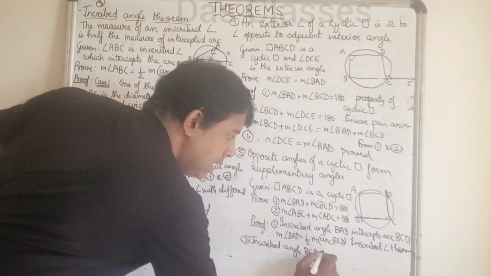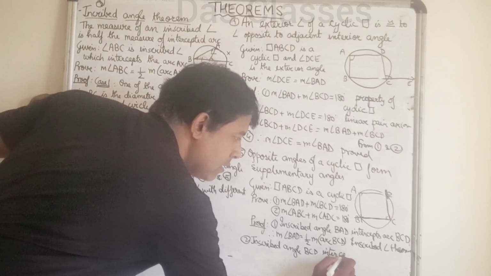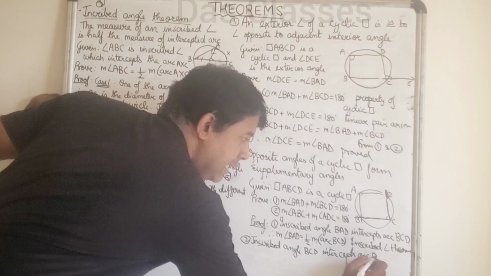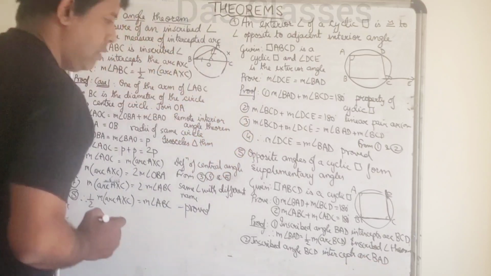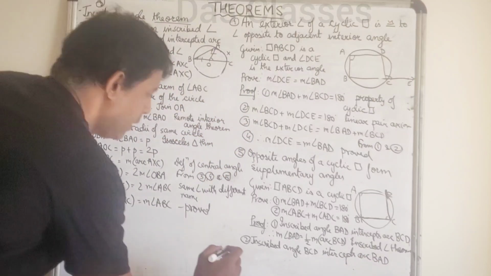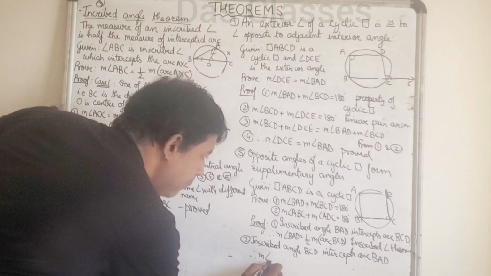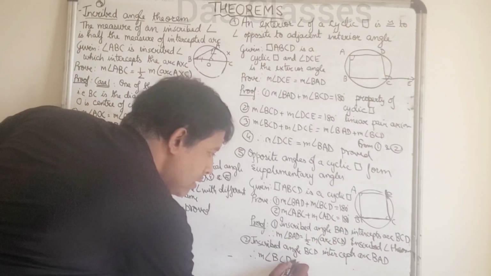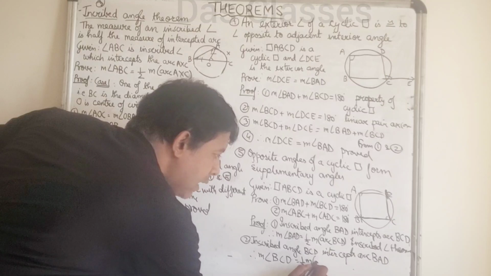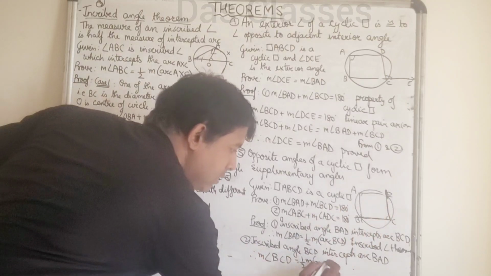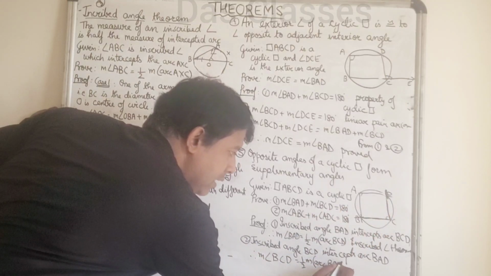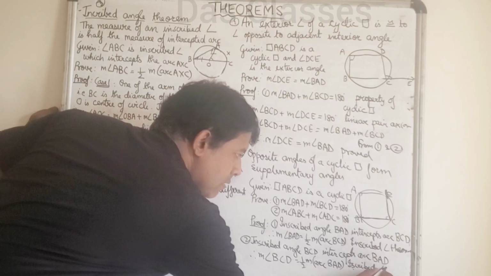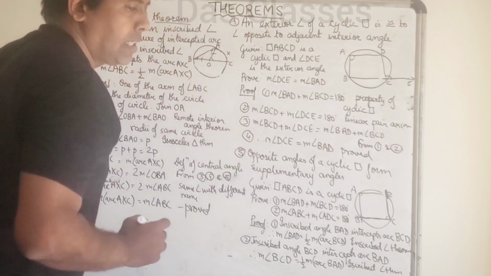Angle BCD intercepts arc BAD. So therefore we can say measure angle BCD should be half of measure arc BAD, which is the part it is intercepting. Inscribed angle theorem.